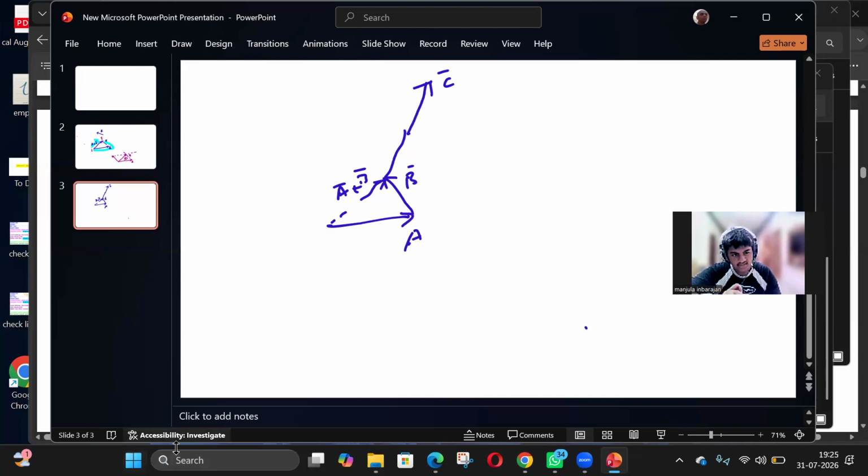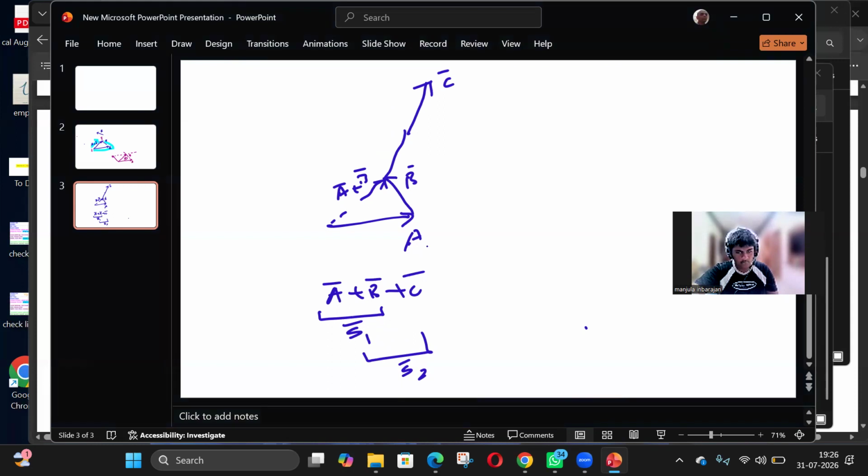It is just an extension of the triangle law. First, add these two using the triangle law and get the sum 1, which is a vector. Then I can add sum 1 to C using the triangle law again to get the second sum, sum 2, which is A plus B plus C.